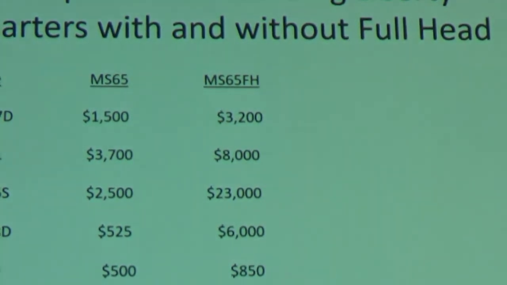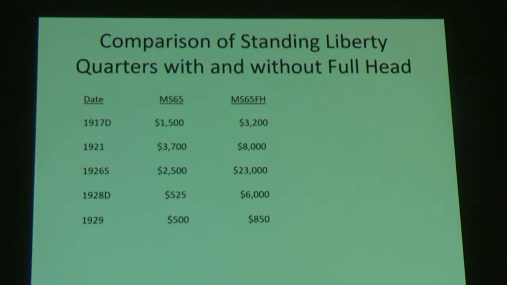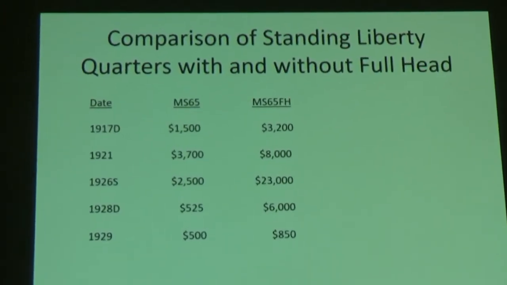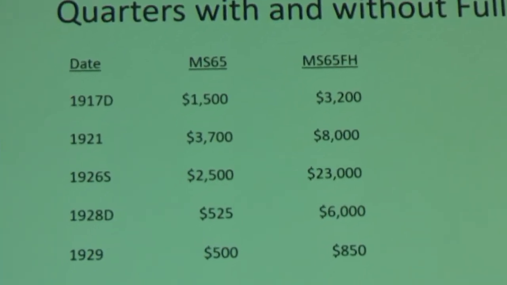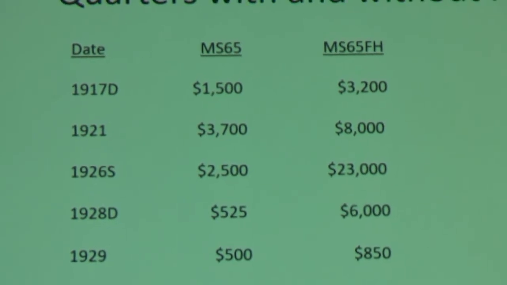Again, this is just a price comparison of what some of these coins would cost. Again, we're talking MS-65. These coins are a lot more reasonable. Most of the ones in the series, if you're getting good or very good or fine, they're not really that expensive.